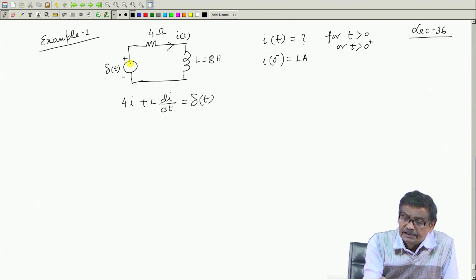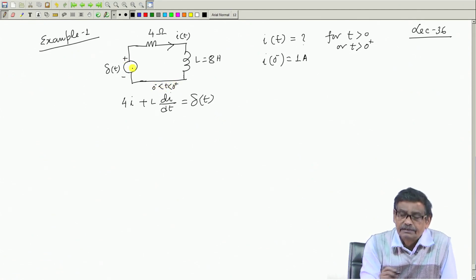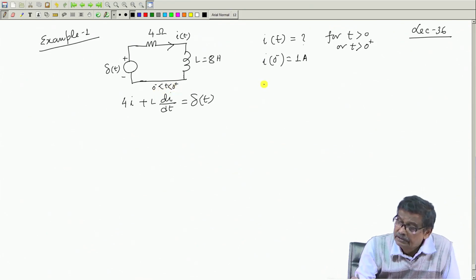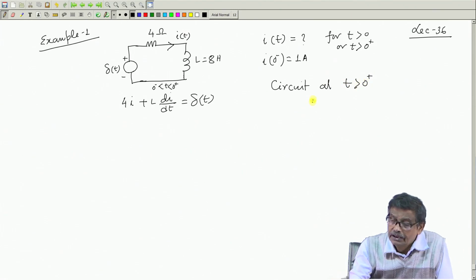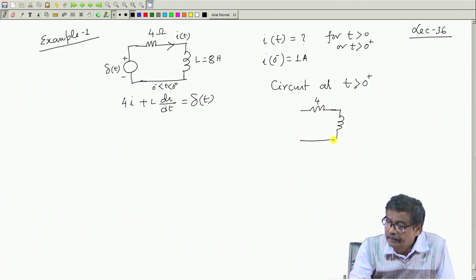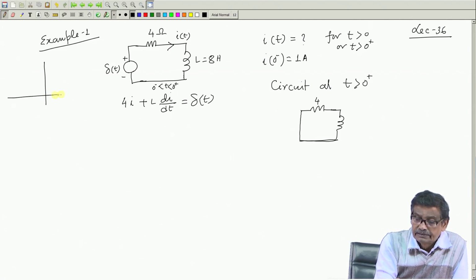So, this delta t exists only between 0 minus to 0 plus. For t less than 0 it was not there, I 0 minus was 1 ampere, and for t greater than 0 plus the circuit will look like this: 4 ohm, an inductor L, and there is no input now, it is shorted, because delta t looks like this.